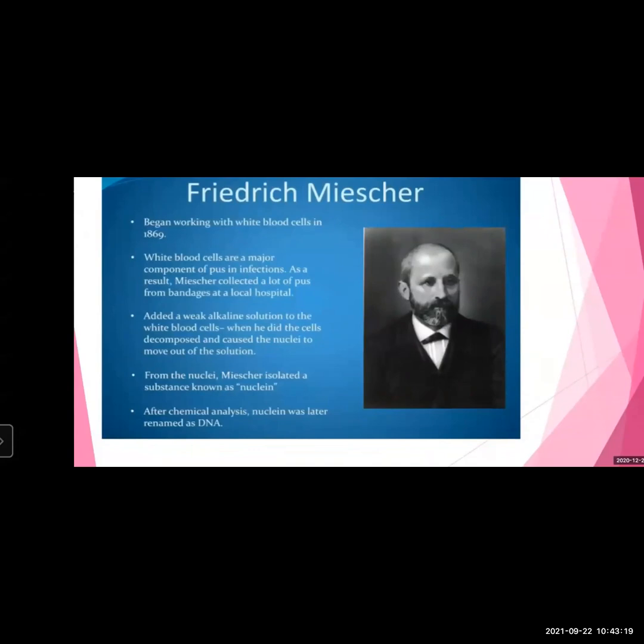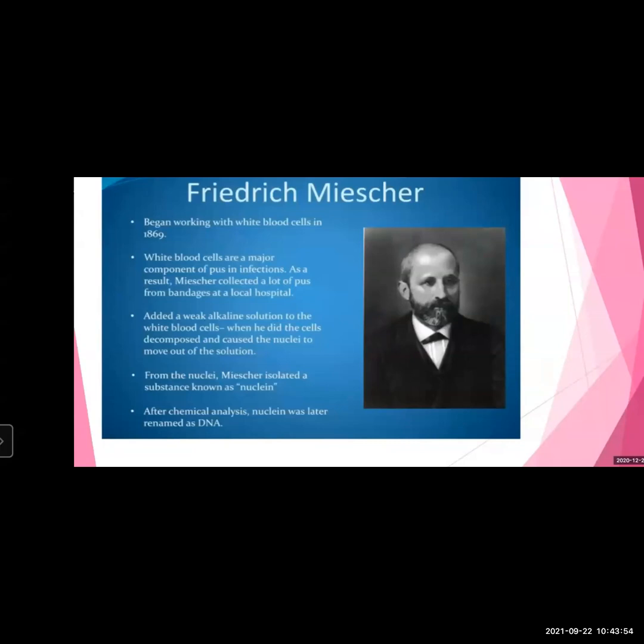You know that in blood there are different types of cells, that is RBCs, red blood corpuscles, and white blood corpuscles, right? So he was studying WBCs, white blood cells. White blood cells are a major component of pus and infections, right? When there is an infection and pus, white blood cells are present in large amount in that pus. As a result, Miescher collected a lot of pus from bandages at a local hospital.